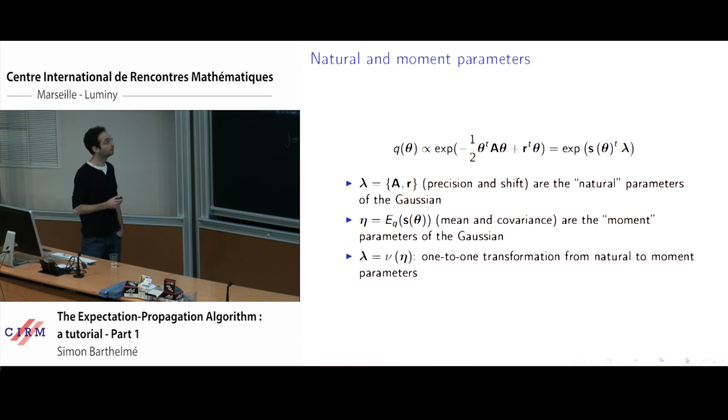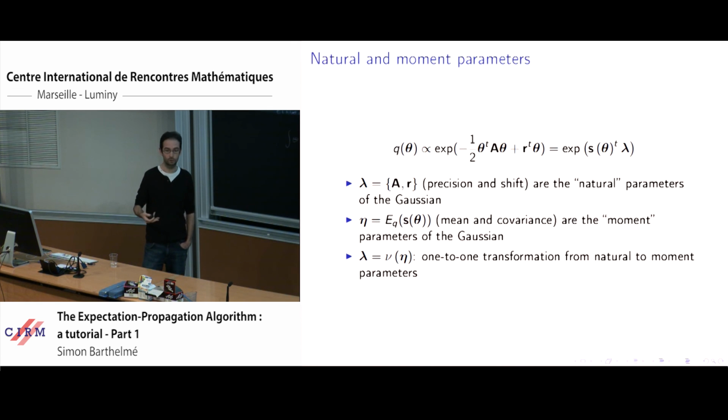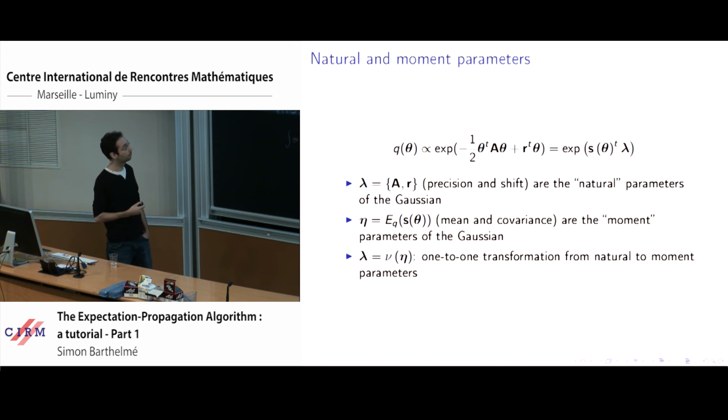Okay, so for Gaussians as exponential families, you can express each Gaussian either as a mean and a covariance, that's the moment parameterization, or as precision and shift, that's the natural parameterization, and there's a one-to-one mapping between the two parameterizations. The precision is just the covariance inverse, and the shift is the precision times the mean.